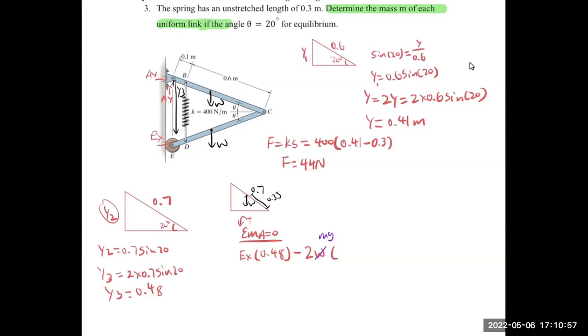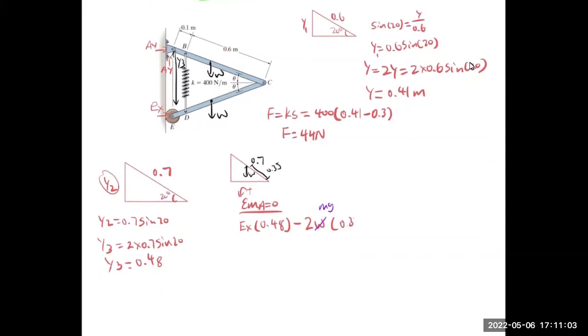And then multiply by half distance, which is 0.35. A is right here, and W is going down, so it's a perpendicular distance right here. So it will be 0.35 cosine of 20.